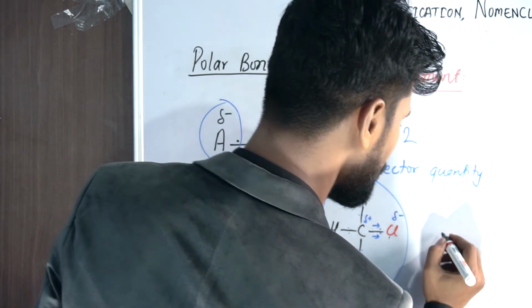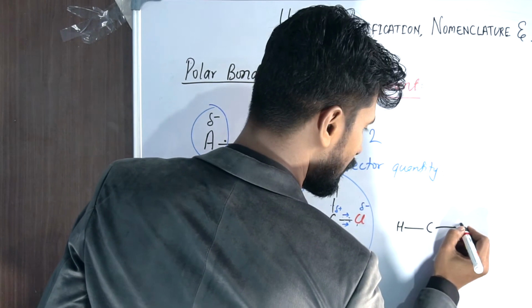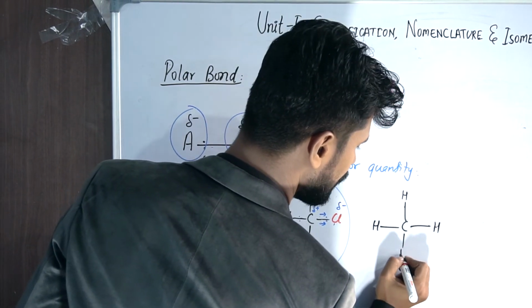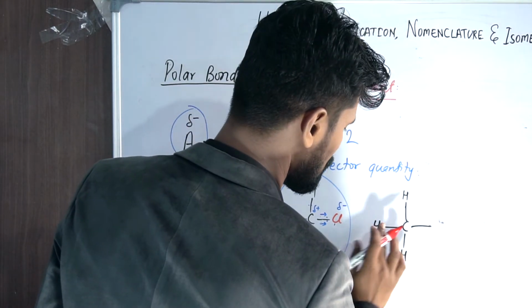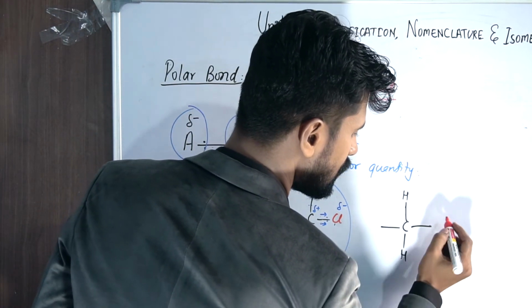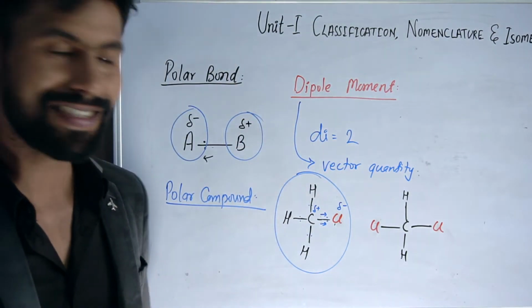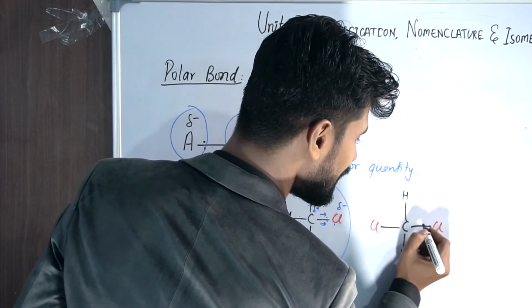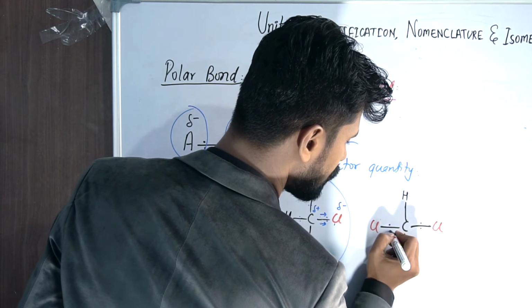Suppose again, hydrogen, carbon, here is hydrogen, here is also hydrogen. Now I am going to replace these two hydrogens with chlorine. Now you can see two chlorines are there. Here is a bonding electron, here is also a bonding electron.